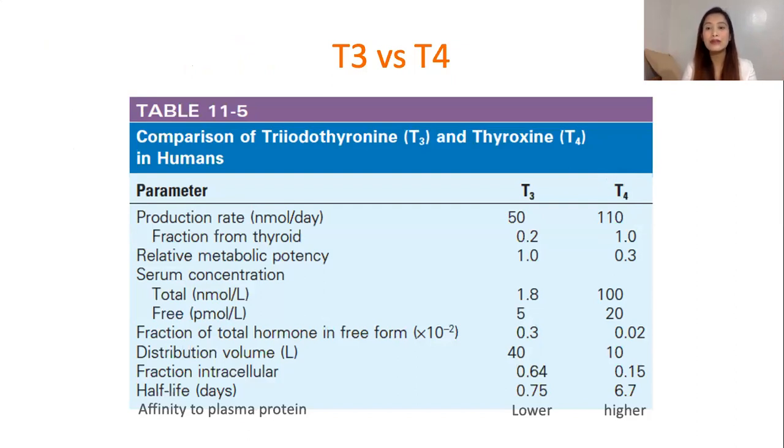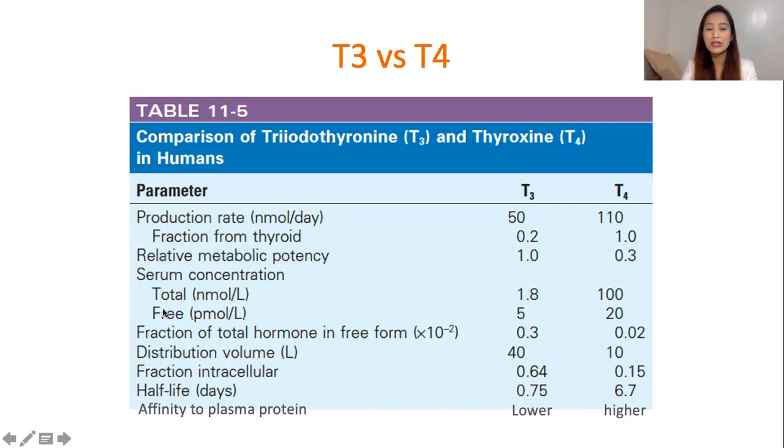Then it goes into the peripheral tissue where it is converted to T3, which I will discuss in the next couple of slides. But in terms of metabolic potency, it is T3 that is more metabolically potent, and it is also the one used in the peripheral tissue.